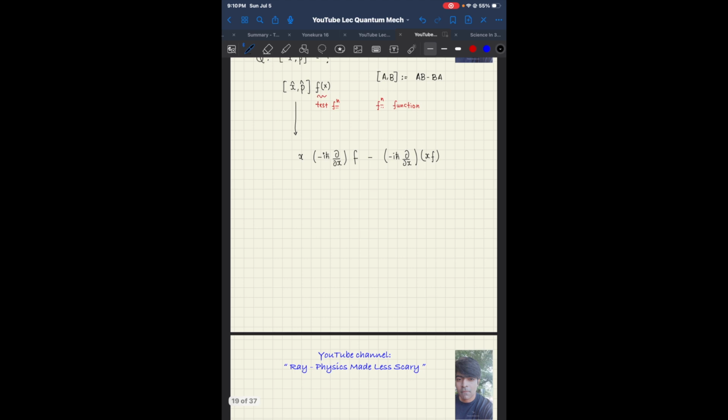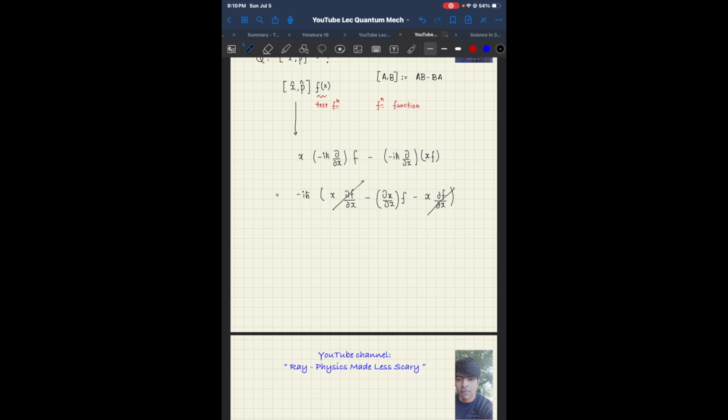This is very easy. Say I pull out minus i h bar. So this gives you x del f/del x minus del x/del x, which is 1, times f, minus x del f/del x. This cancels.